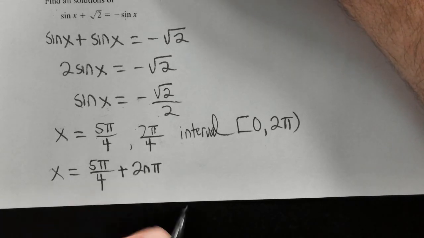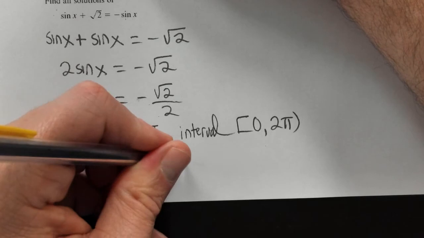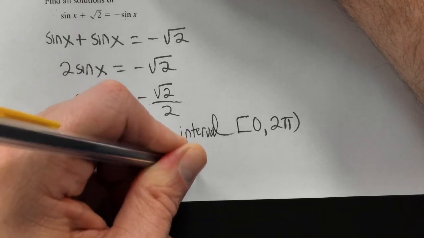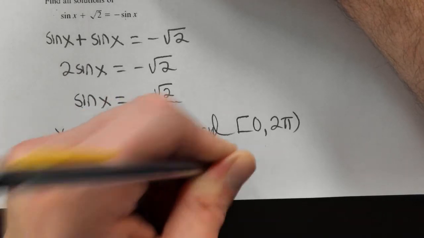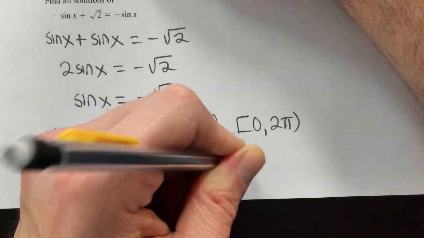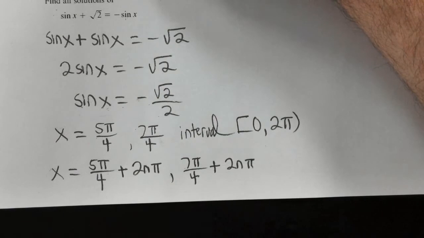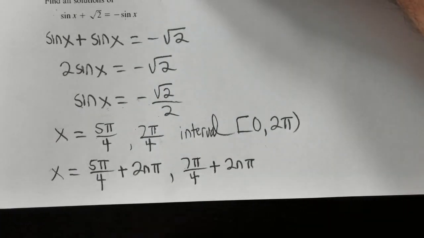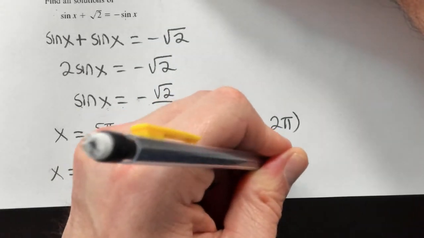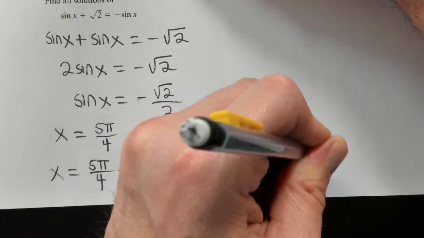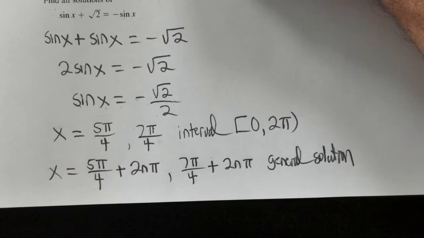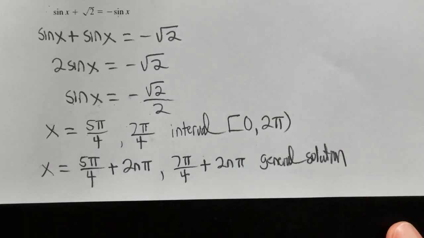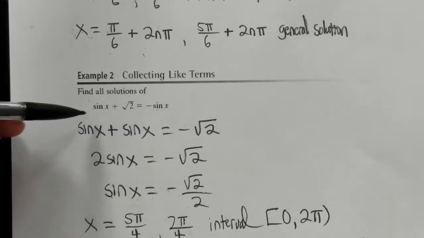All right, so that's the first general solution. And the second one likewise, 7 pi over 4 plus 2n pi. And that is the general solution. So that's the general form for all infinitely many solutions that you would have to this equation.